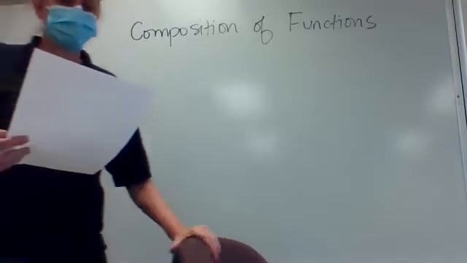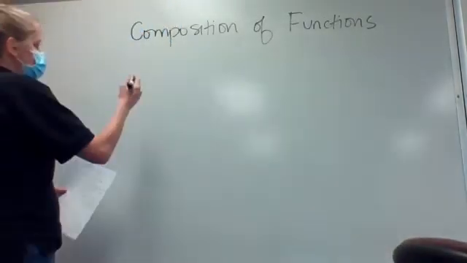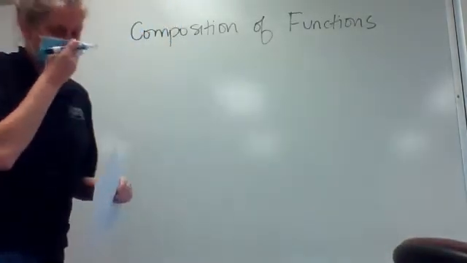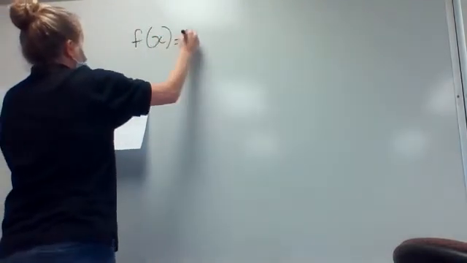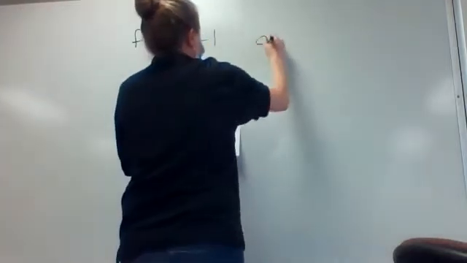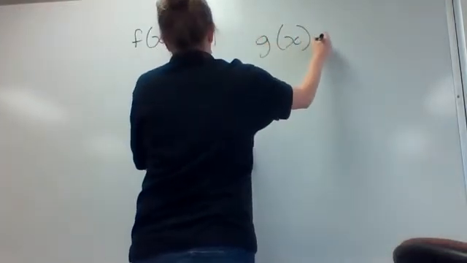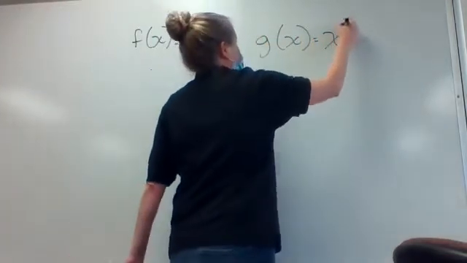F of x equals x minus 1. G of x equals x squared minus 5.